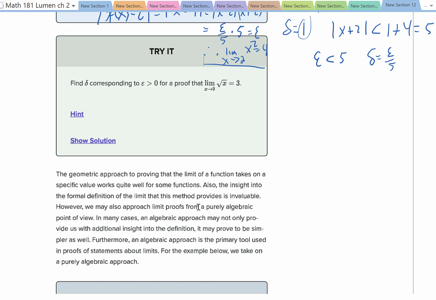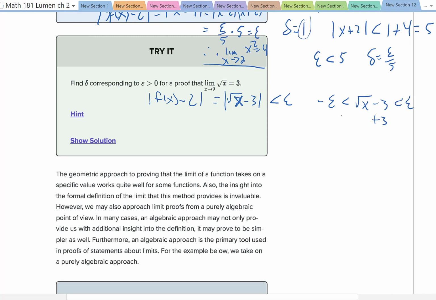So recall the way we set this up. We have the absolute value of f of x minus L, and that's going to be the square root of x minus 3, and that's going to be less than epsilon. So what we're after, if we break that out, that's going to be negative epsilon is less than the square root of x minus 3 less than epsilon.